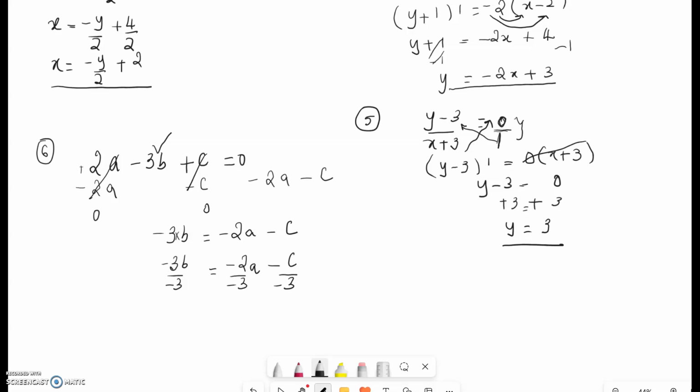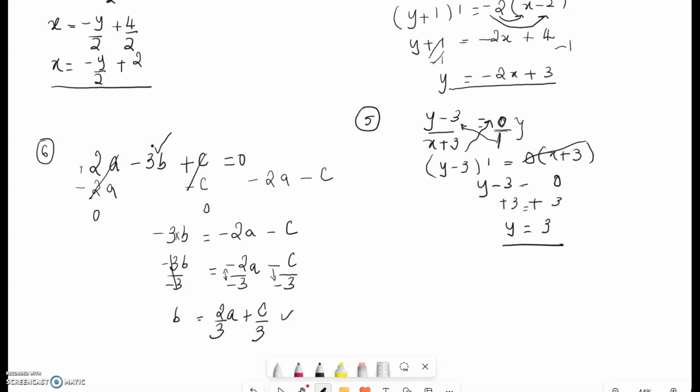Each one gets a negative 3. Don't forget that. Each one of the terms on the right should be divided by negative 3. So that becomes a 1. Negative 3 over negative 3 is a 1. 1 times b is a b. Negative and negative cancel each other out, and you get 2/3 a. Negative and negative cancel each other out. Instead of a negative, I have a positive c over 3, and I've solved for b.